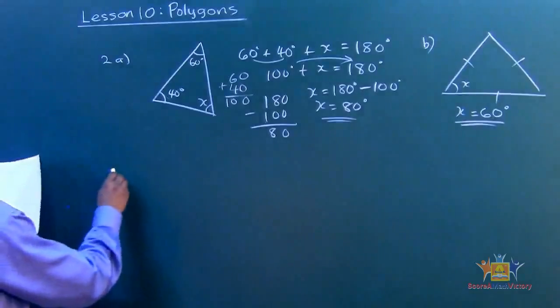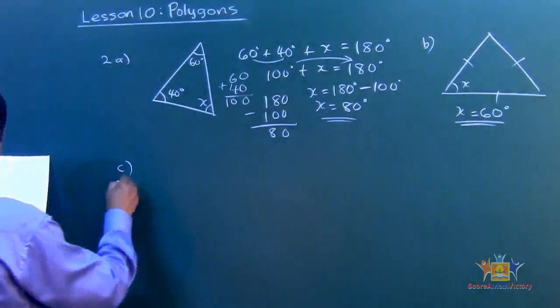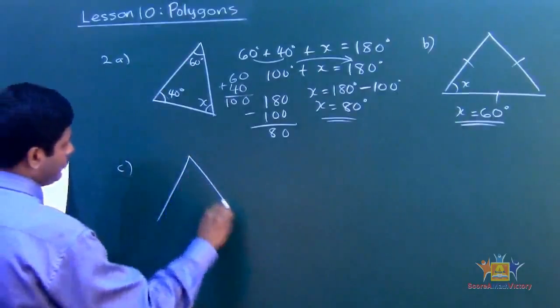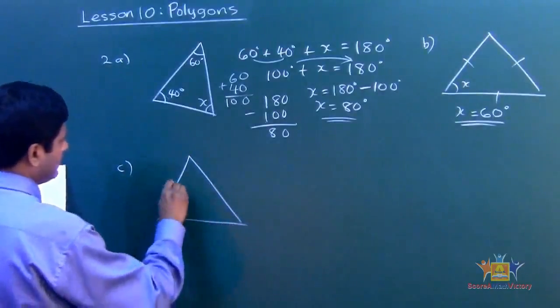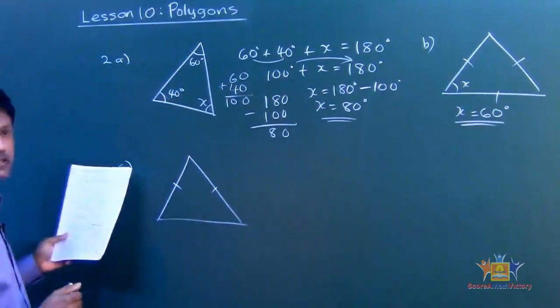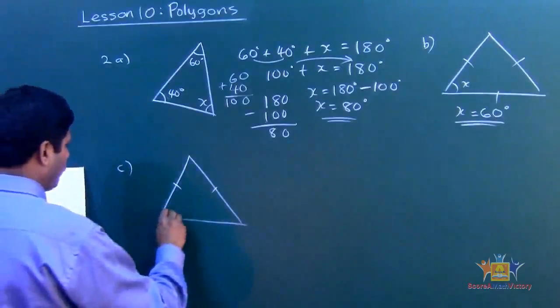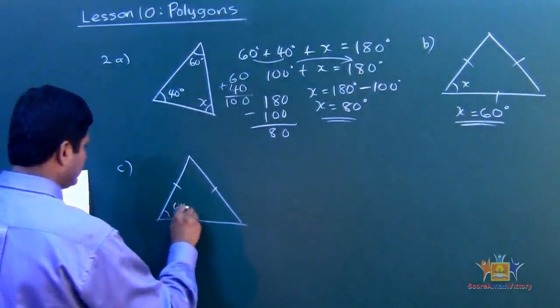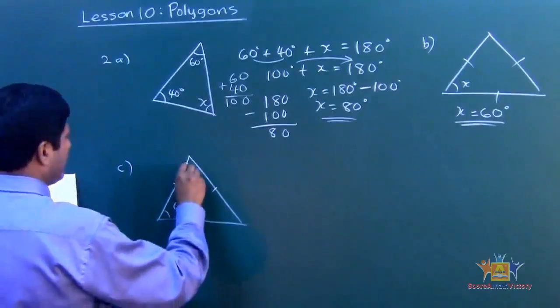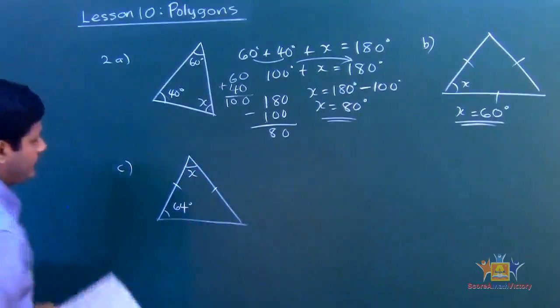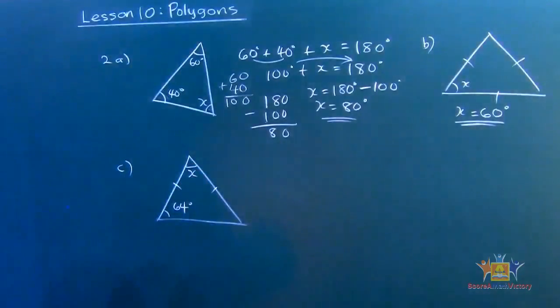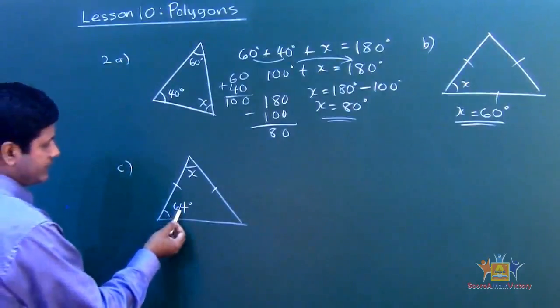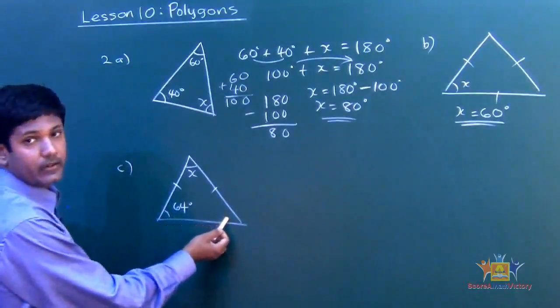So you're given a triangle, and you're told that two sides are the same. See that line? It tells that two sides are the same. And you're given one corner angle of 64 degrees and asked to find x. So how do we do that? If this angle is 64, what would this other angle be?